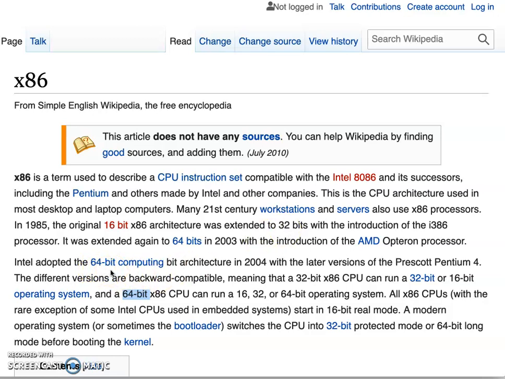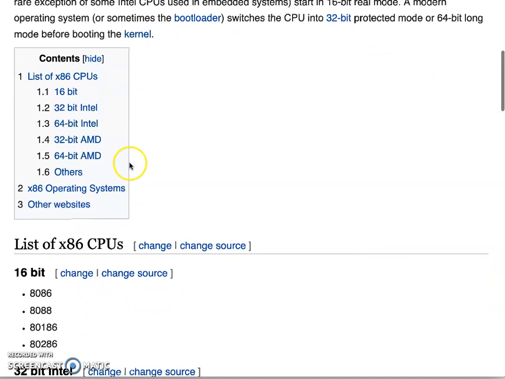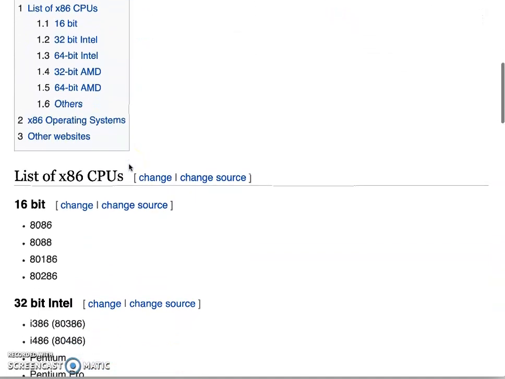When we introduce the 64-bit environment, we will show you that 64-bit allows much bigger memory calculation, but so far we don't need that much yet. So we will stay in the 64-bit environment for a long while until we move to the next one, which will be 128-bit. If we want to know more, here is more information about the list of x86 CPUs.